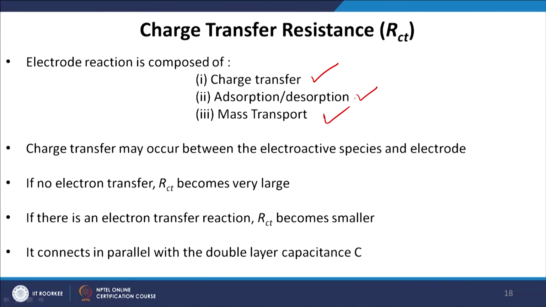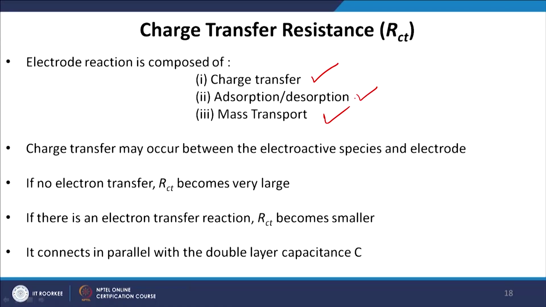If there is an electron transfer reaction, RCT becomes smaller. So for an electron transfer reaction, the charge transfer resistance value will be smaller, and if there is no charge transfer reaction, then the RCT value will be larger. It is connected in parallel with the double layer capacitance, CDL.